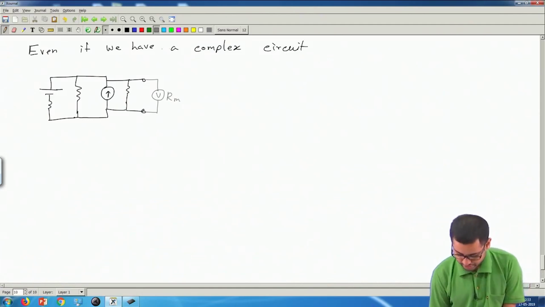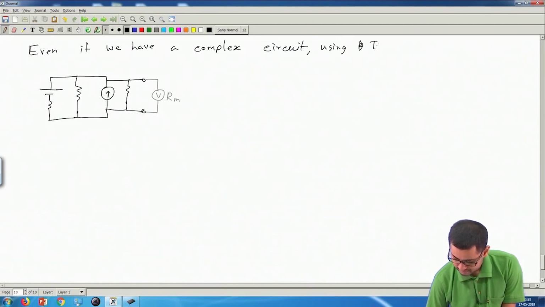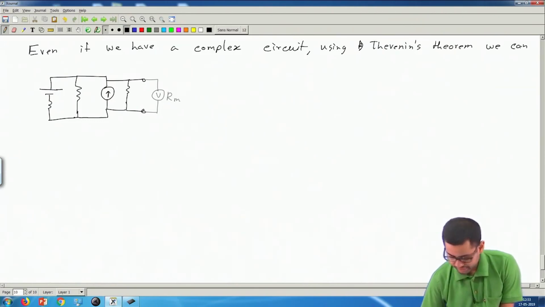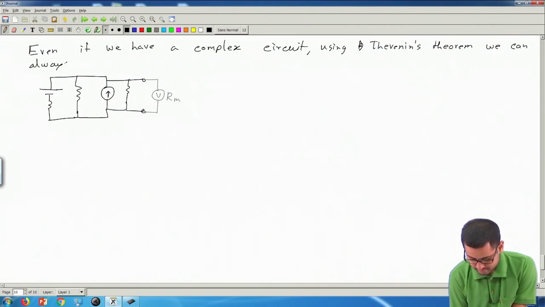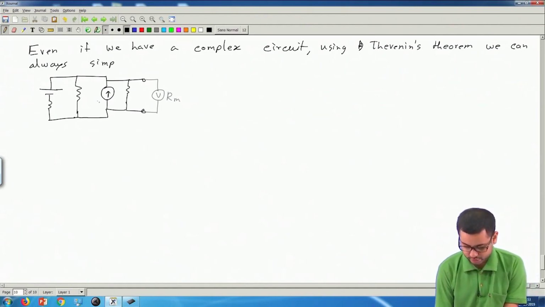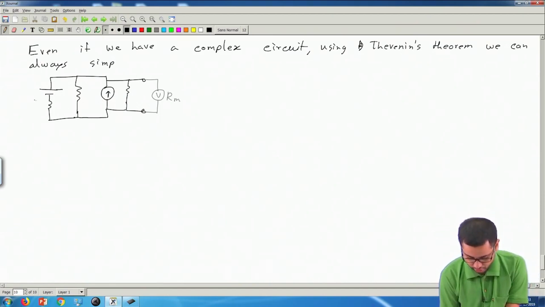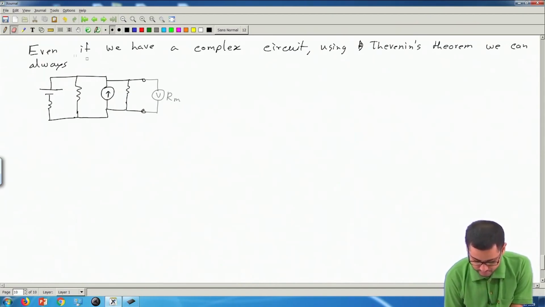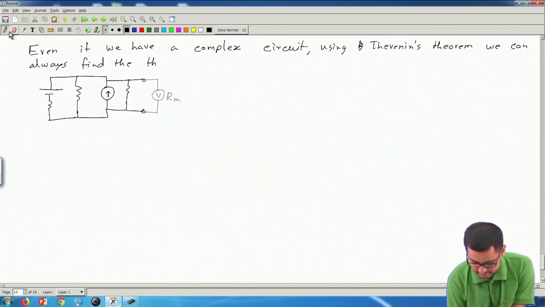Once again, even with such a complicated circuit, by virtue of Thevenin's theorem, we can always simplify this circuit into its Thevenin equivalent, as long as the circuit is linear.